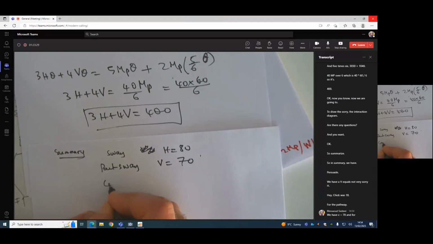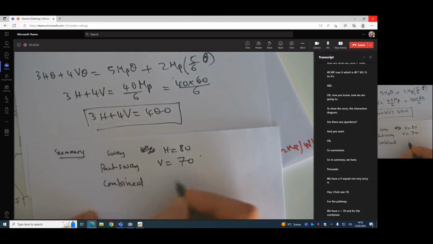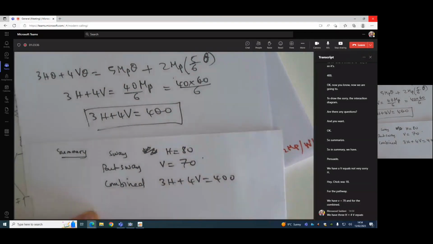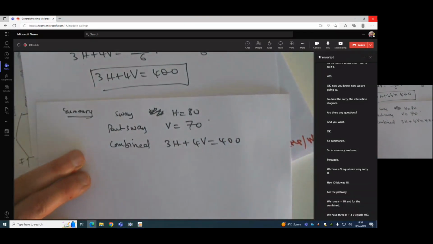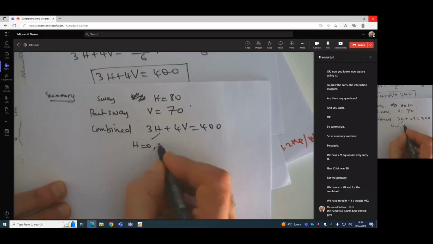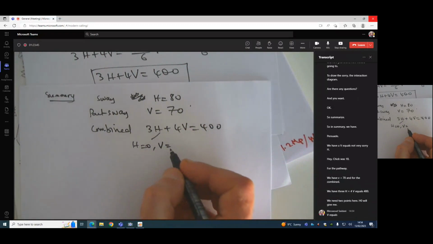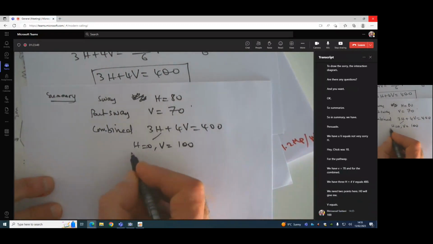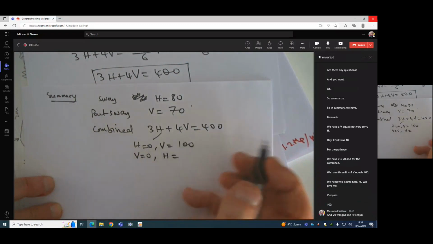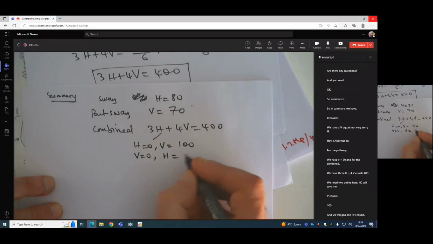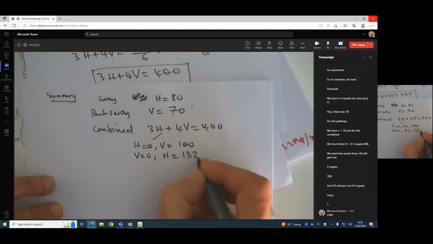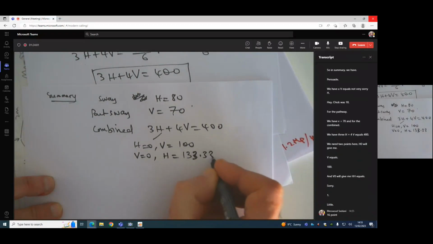And for the combined, we have 3H plus 4V equals 400. We need 2 points here. H equals 0 will give me V equals 100. And V equals 0 will give me H equals 133. Thank you.